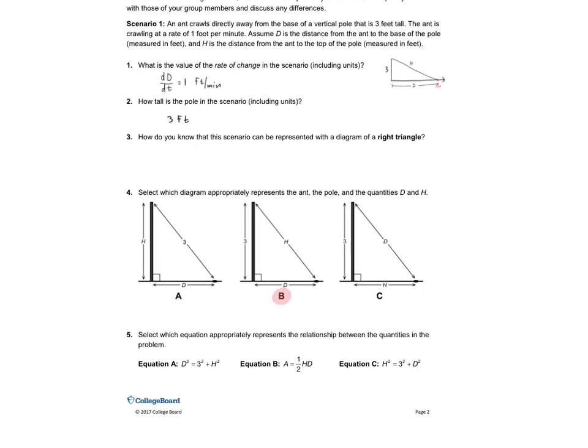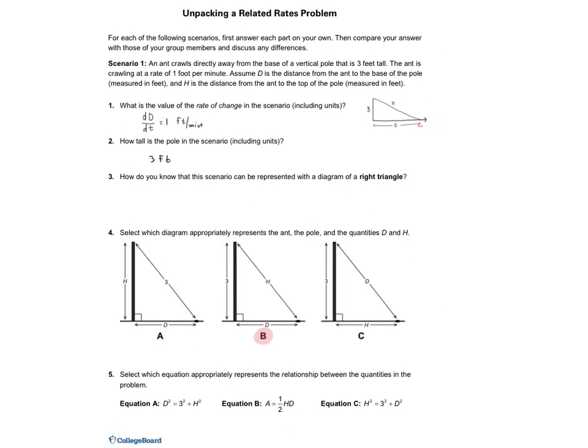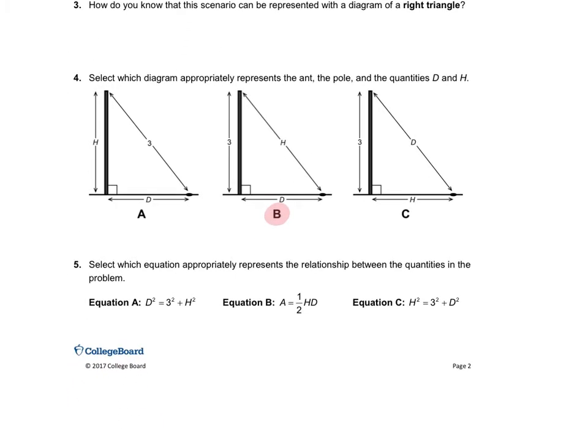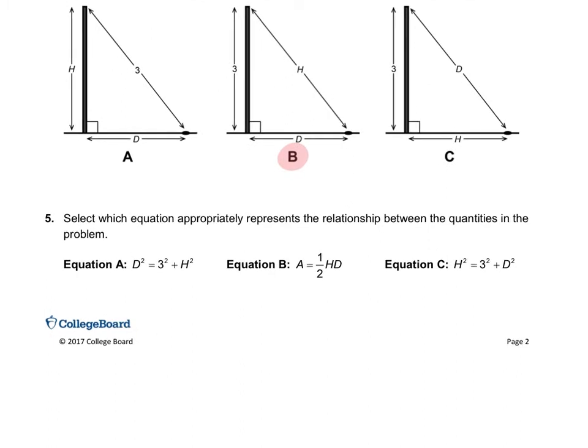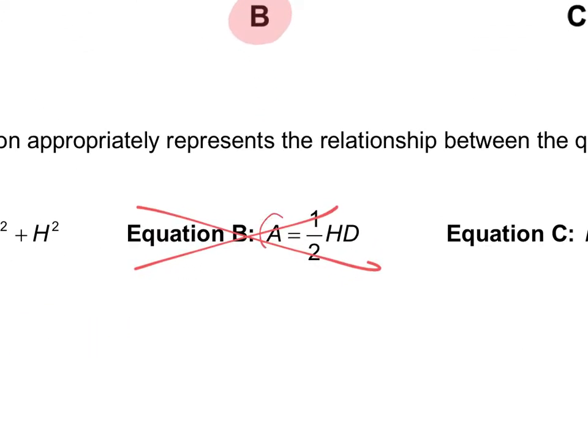All right, and we already got 4. And then the last one, select which equation appropriately represents the relationship between the quantities in the problem. It's definitely not going to be equation B, because this involves some other variable A. They introduced another variable that we're not interested in.